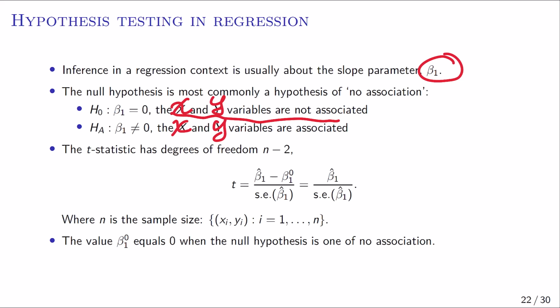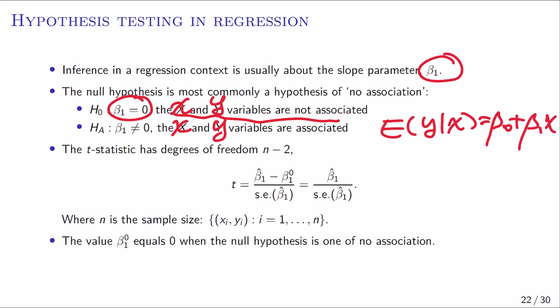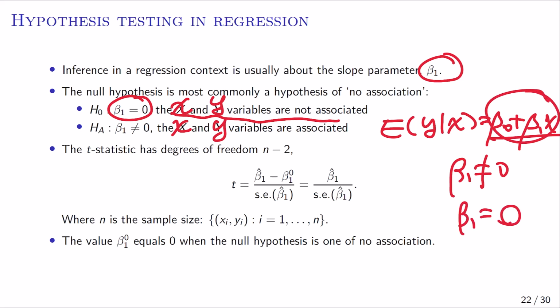That's equivalent to saying beta 1 equals 0. You can see why this is important. Remember this one is beta naught plus beta 1 x. If y has nothing to do with x, that basically says beta 1 has to be 0. If it's non-zero, then it has x in it. If we have beta 1 equals 0, you put it in, then only beta naught is left. That's why we say y and x are not associated.